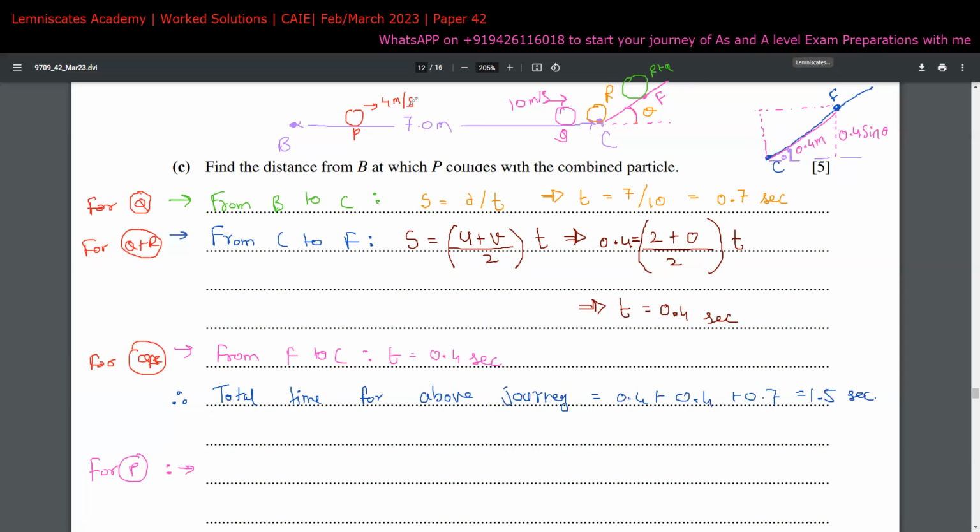The speed is going to stay as it is, and the time is 1.5. We know that speed is equal to distance over time, so the distance is speed into time. 4 times 1.5, if you calculate, comes out to be 6 meters.